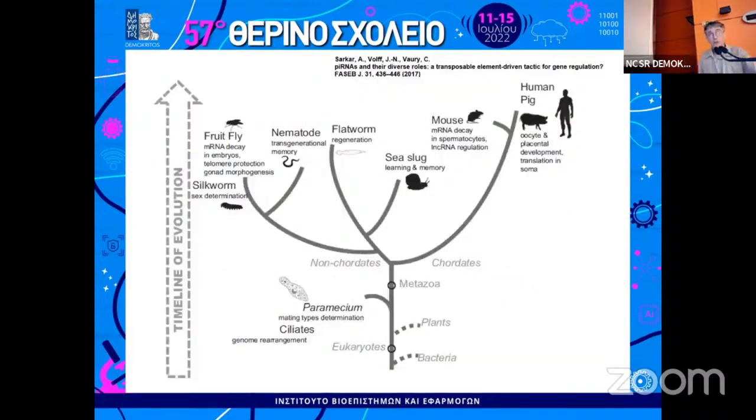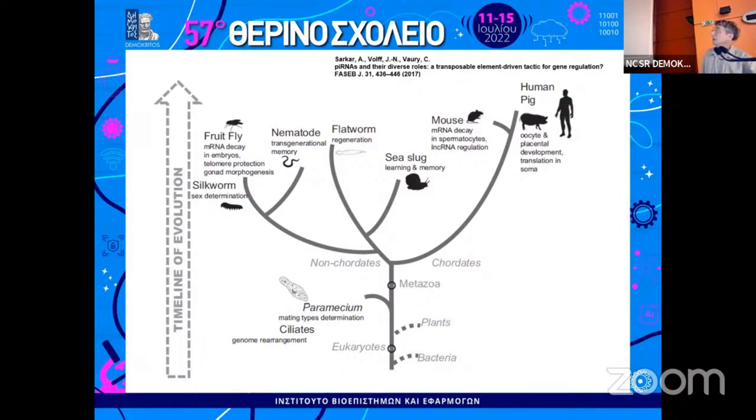The piRNAs and the PIWI proteins are specific for the animal lineage. They are not present in plants. On the other hand, you can also find them in a few unicellular eukaryotes like Paramecium and ciliates.